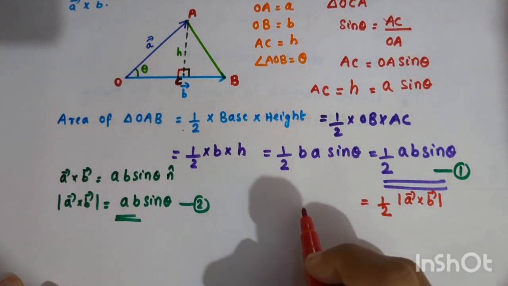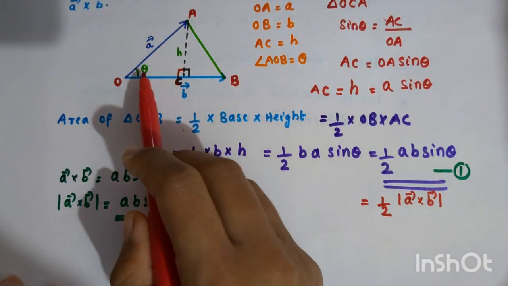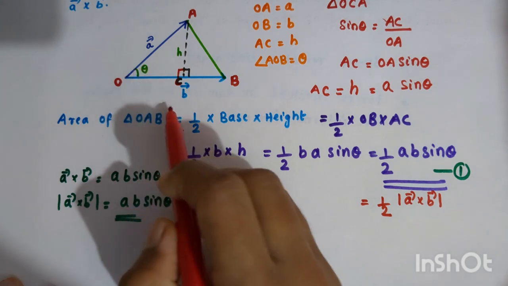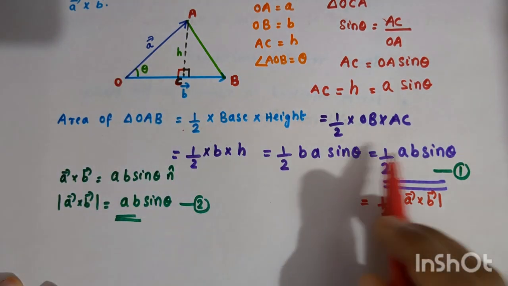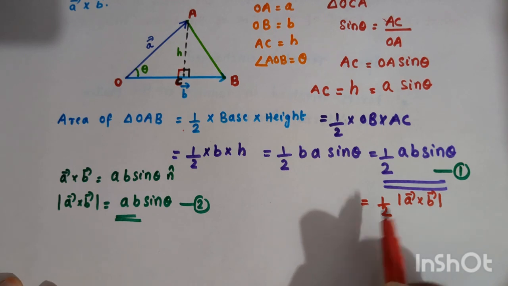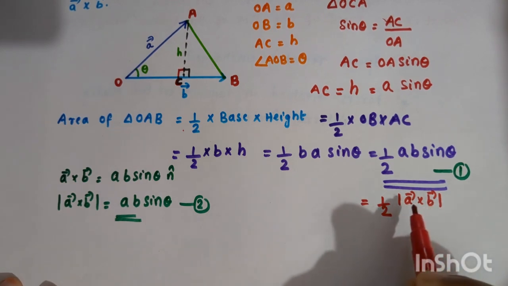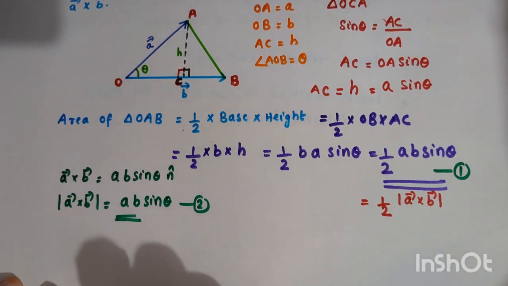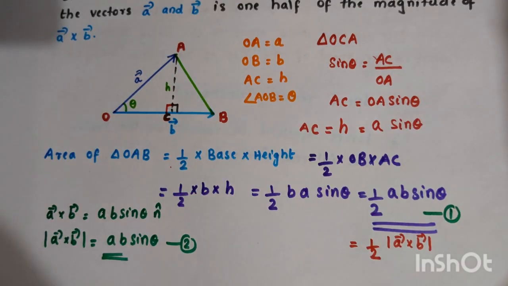So we showed that the area of the triangle contained between two vectors A and B is equal to half AB sin theta, which is equal to 1/2 of the magnitude of vector A cross vector B. I hope it is clear to you. Thank you.